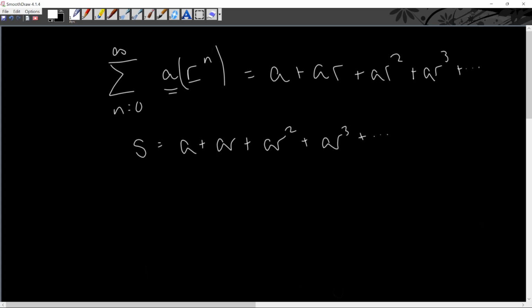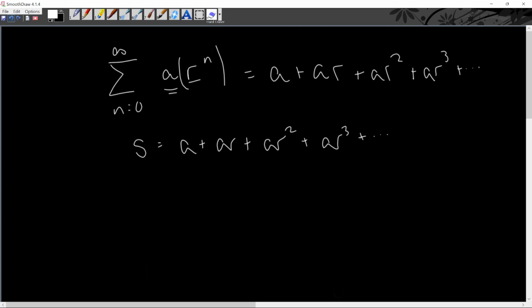And we're going to multiply every term by r. Bear with me. I'll actually shift it over to the right a little bit so we can have a nice looking thing happening.